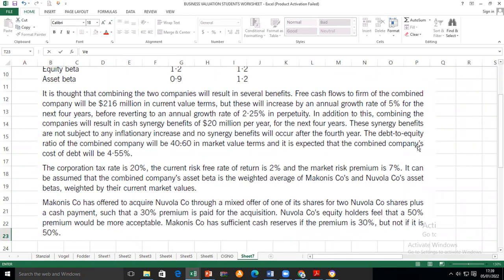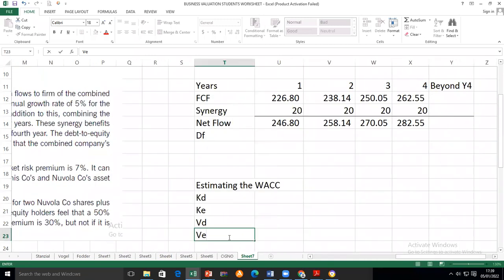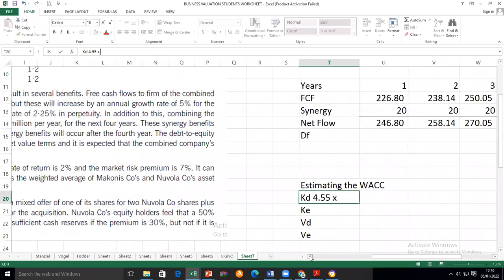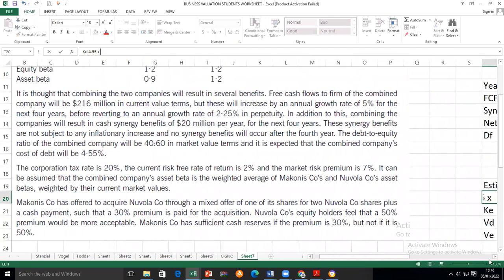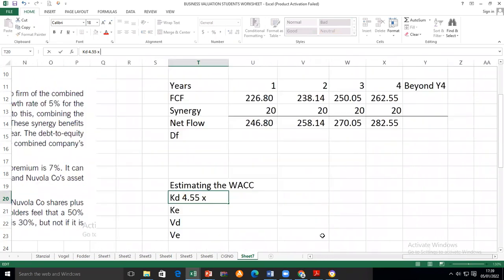It is expected the combined company's cost of debt to be 4.55. So you say, it's 4.55 multiplied by 1 minus T. What is the tax rate in this question? 20%. That's what we have here.